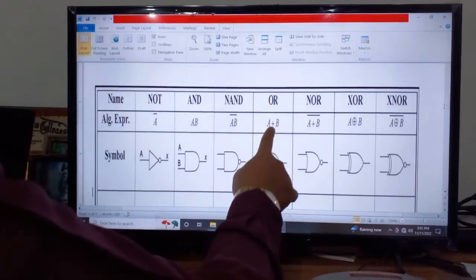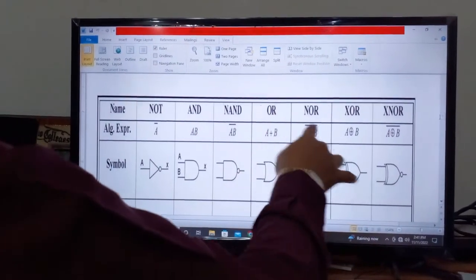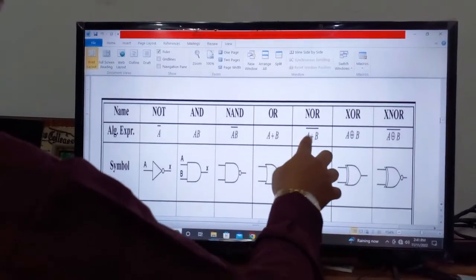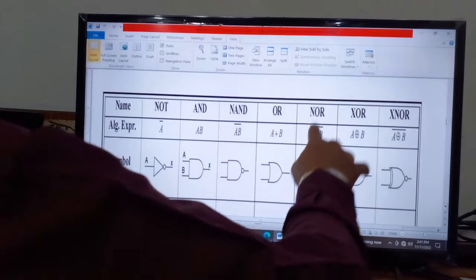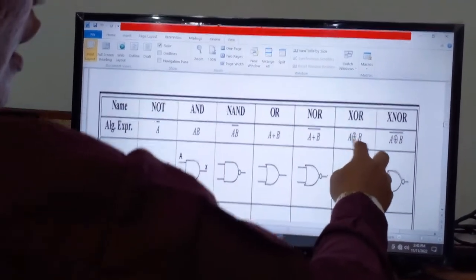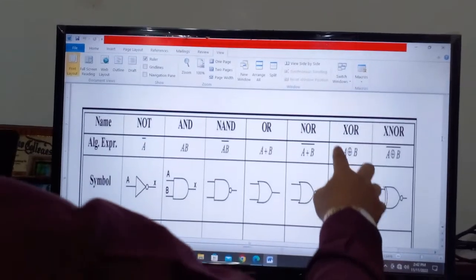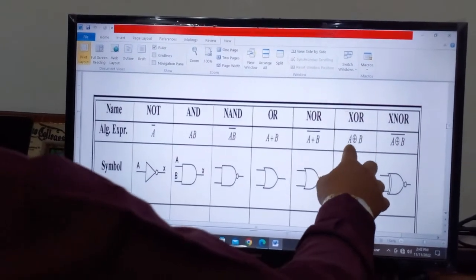Ang OR nimo is A plus B. So addition ang ginagamit. Ang NOR, so meaning not OR, so meaning A plus B, gibutangan nimo siya og bar sa ibabaw. So XOR, kini siya nga symbol with circle and plus. So mao na siya XOR, it represents with XOR nga algebraic expression.